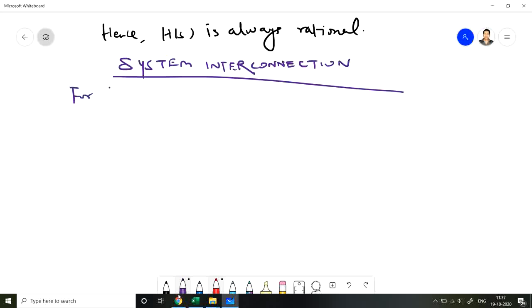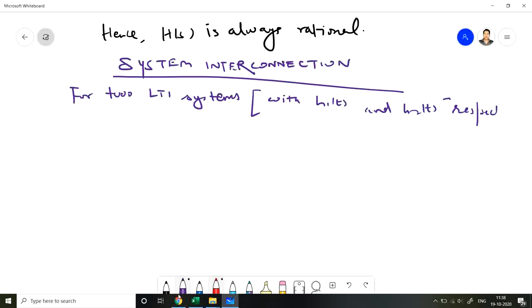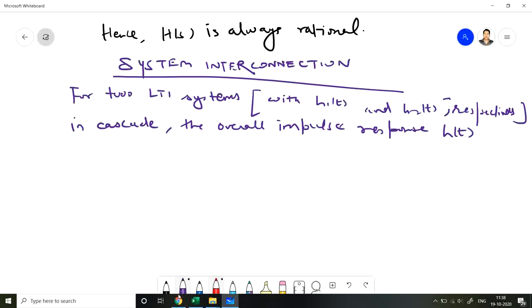For two LTI systems with the impulse responses h1(t) and h2(t) respectively in cascade, the overall impulse response h(t) is given below. h(t) is h1(t) convolution with h2(t).